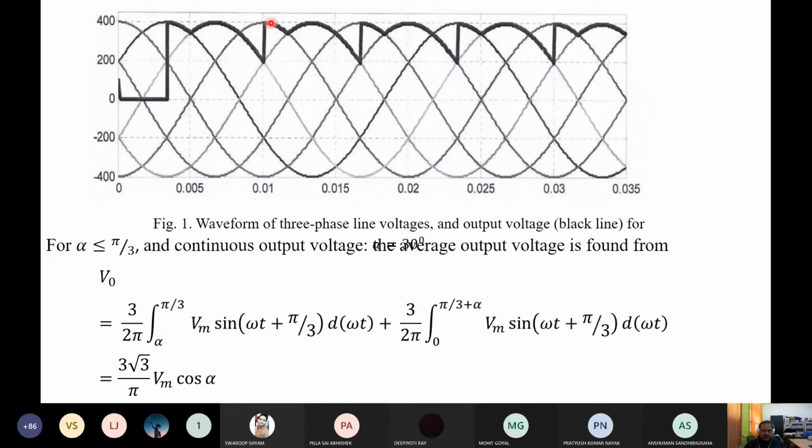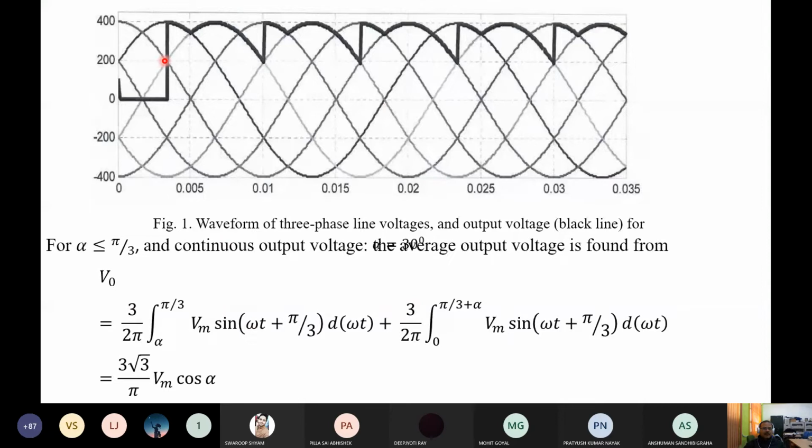In one cycle you have 6 pulses, but of two different types. Therefore I have put two limits: 3 of this type and 3 of this type. There are 6 pulses, so 3 plus 3 is 6.